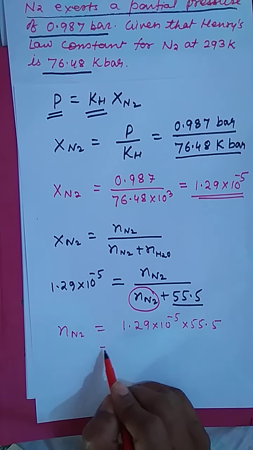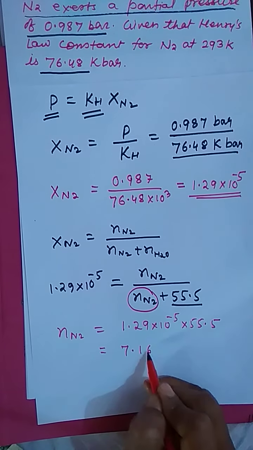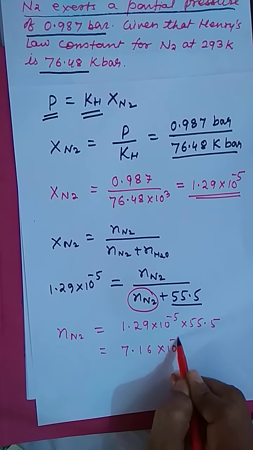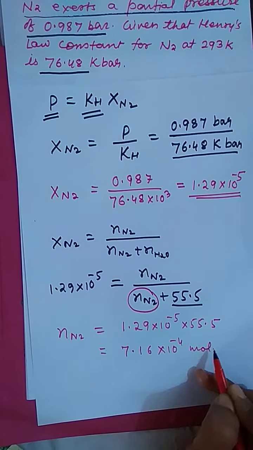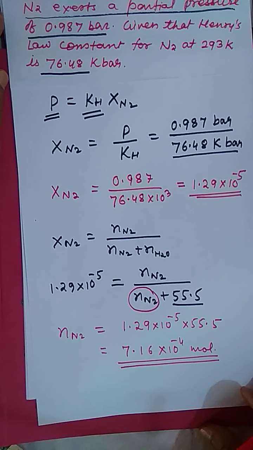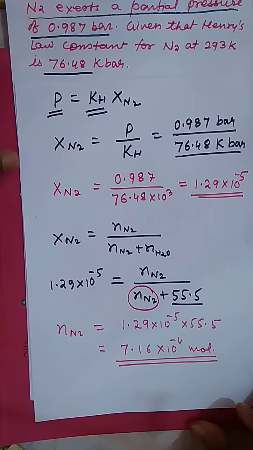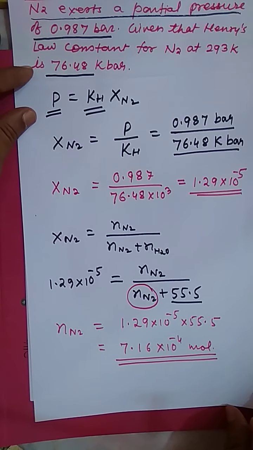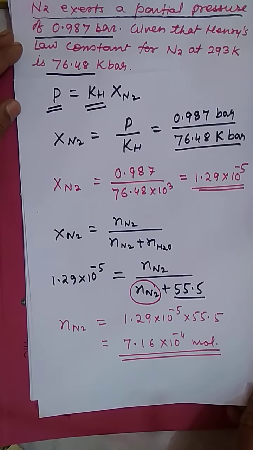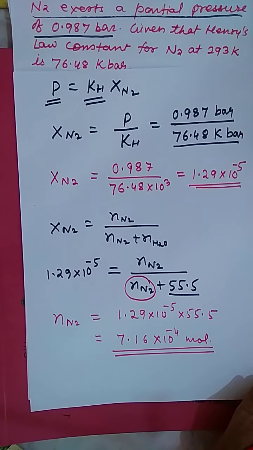And after calculation, it will come 7.16 into 10 to the power minus 4 mole, right, students? So I think you learned so many things in this chapter. Now the next video is on vapor pressure of liquid solutions. Okay, thank you very much.